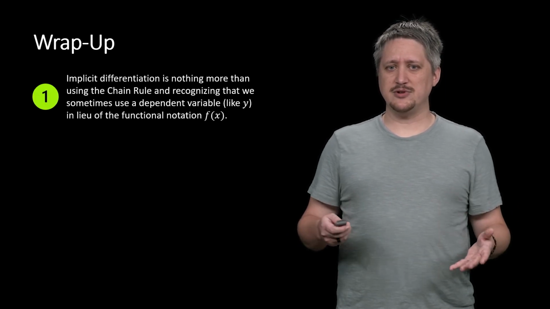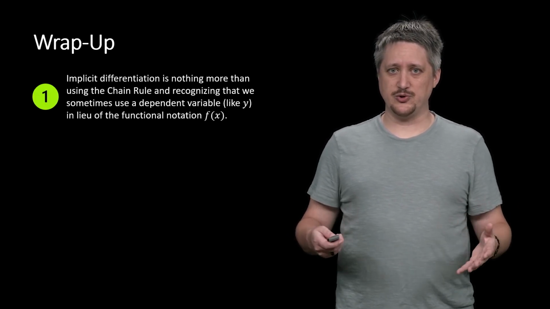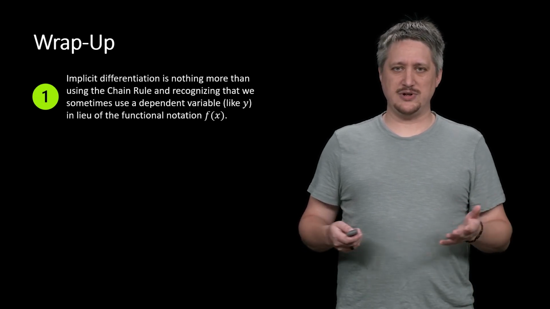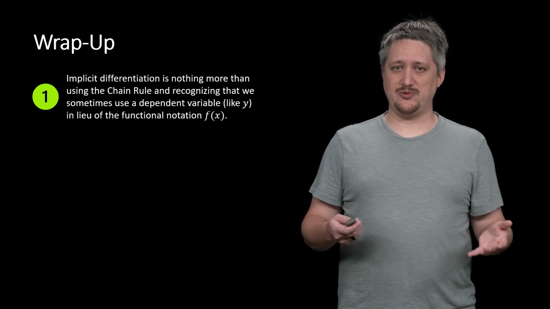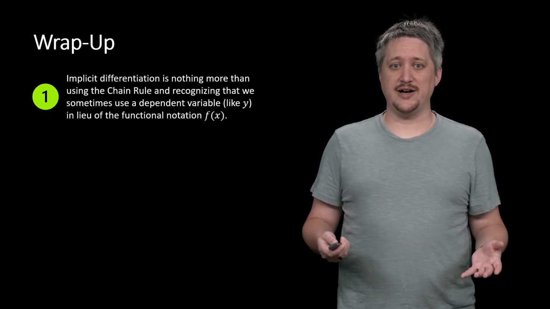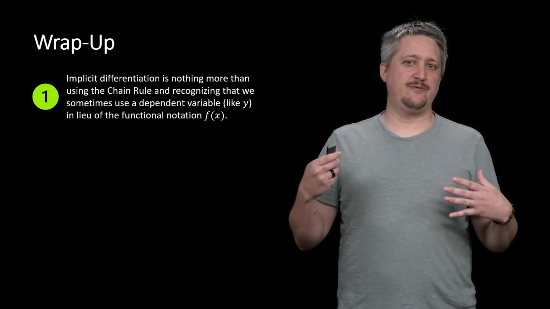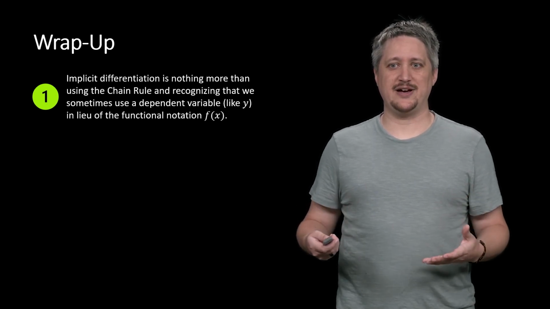All right, so this is a bit of a long video, but what did we do? We talked about implicit differentiation as a tool, and really how it's nothing more than the chain rule, and recognizing that sometimes we use these dependent variables like a y in lieu of that function notation like f of x, right?